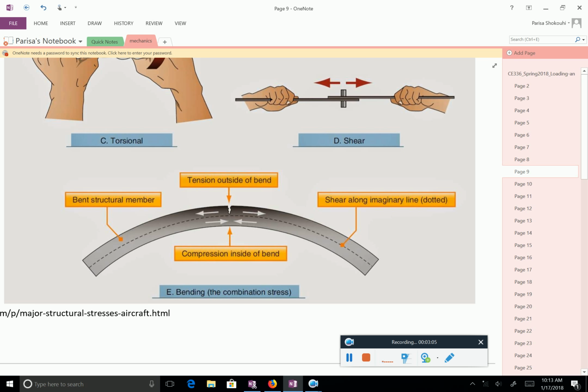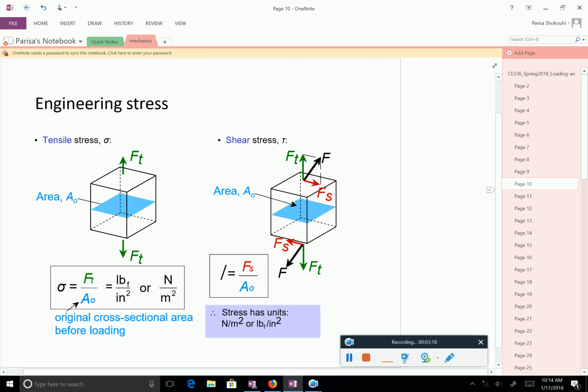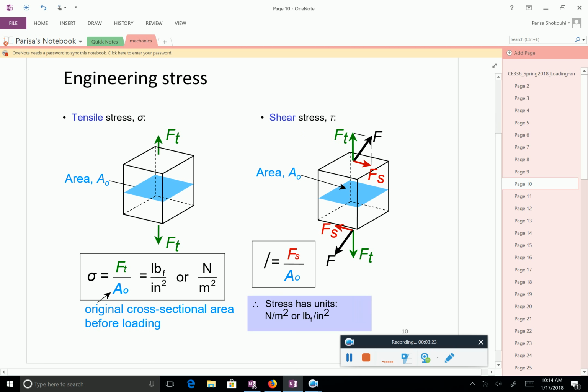Now, we need to develop some tools and ways to calculate stress, strain, and basically the things that you have seen in mechanics of materials. So we'll start doing that right now. Let's first start with tension or compression, normal force. Here on the left-hand side, we have normal force, and shear on the right-hand side.